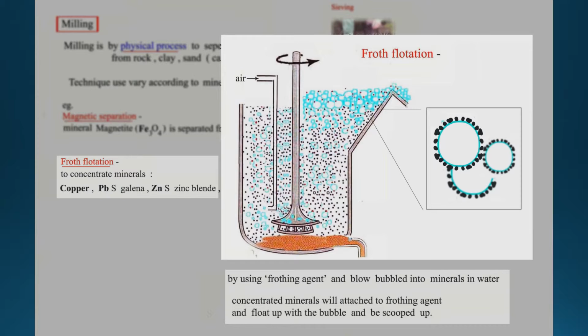Because minerals are positive-negative ionic compounds, this charge will stick to the frothing agent and bubble up. So this is an easy, cheap, economic way to concentrate the mineral, to extract those low concentration 0.0 something percent zinc, lead, copper, gold, silver, all using this way.